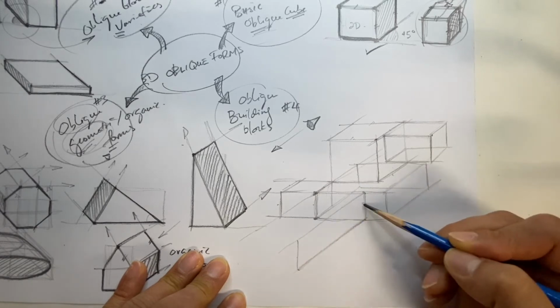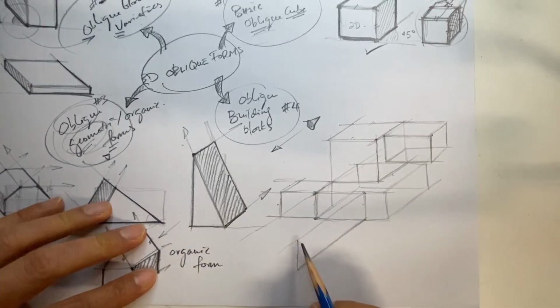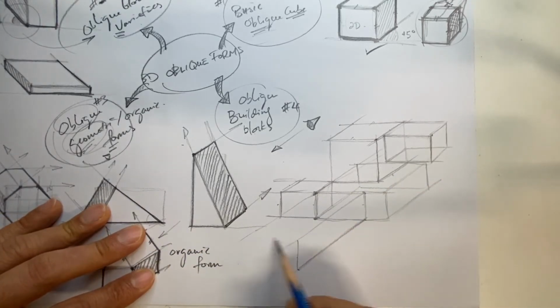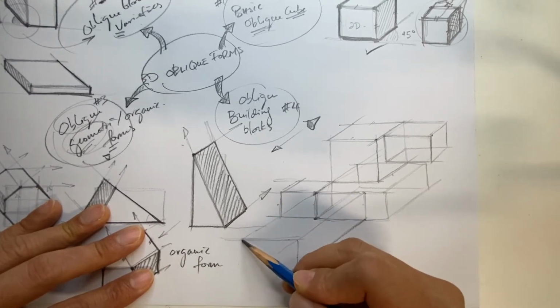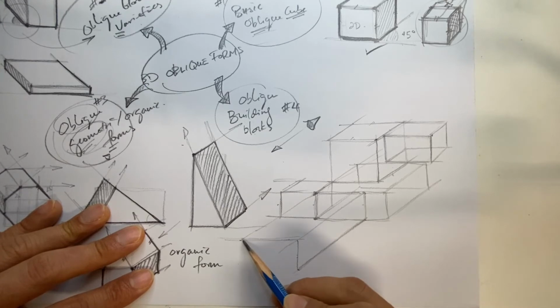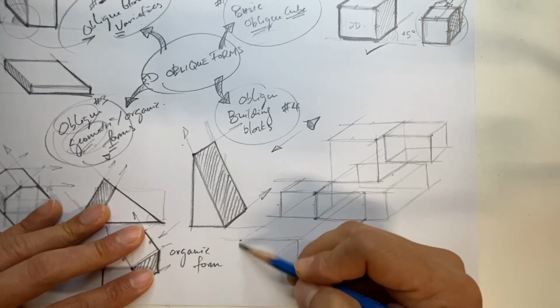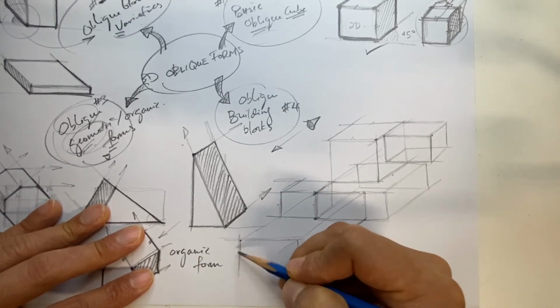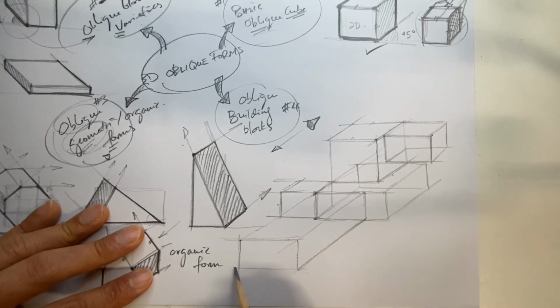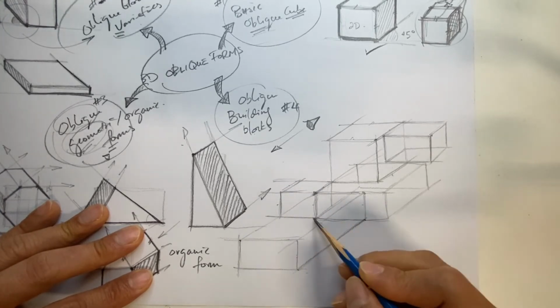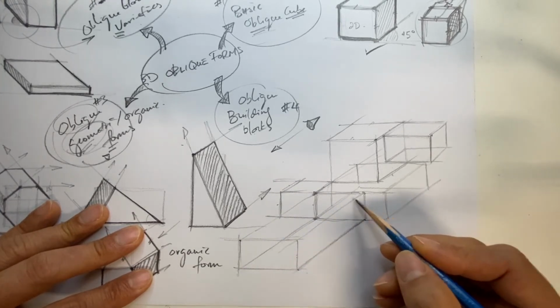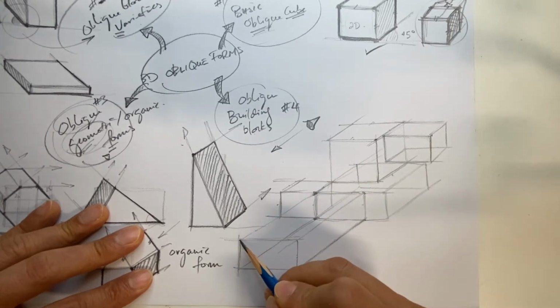Parallel lines, front and back. On the front part, parallel lines here and here, and then the horizontal line stops here and then proceed downwards. Parallel lines and then horizontal at the base. So here I have a block extending from the main block.